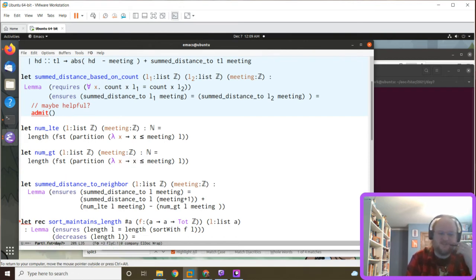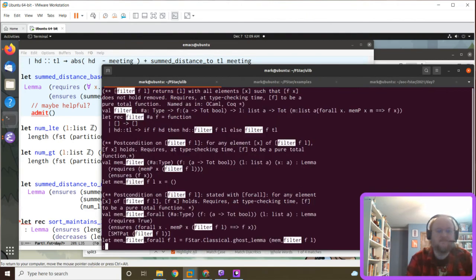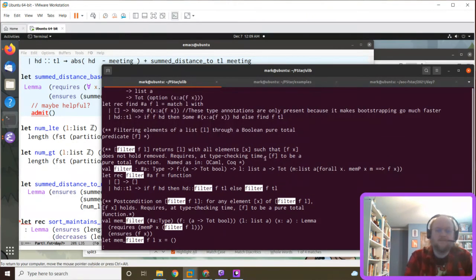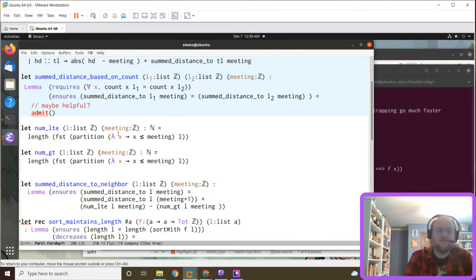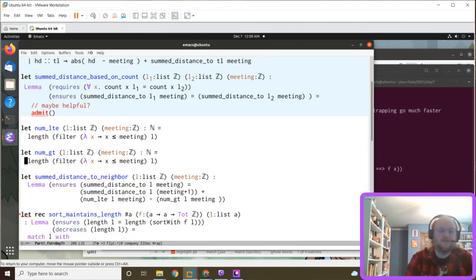It's just a filter. So here we want it strictly greater than. Okay.